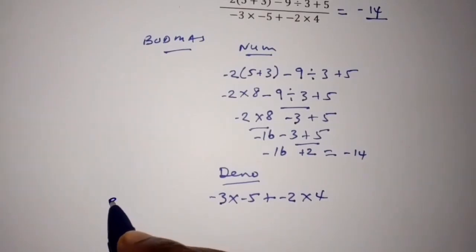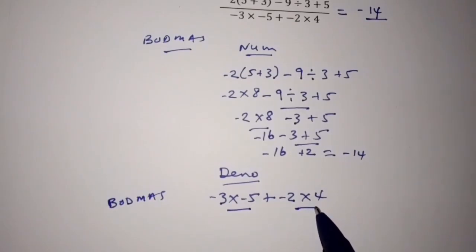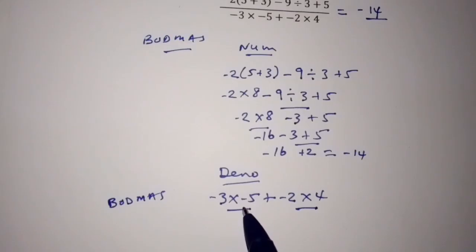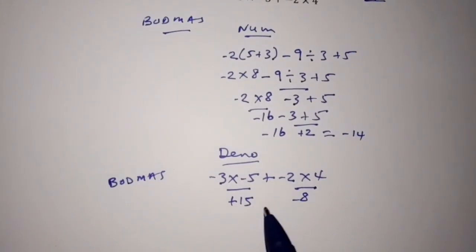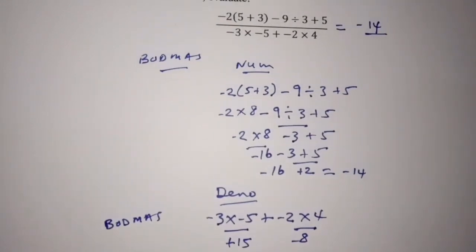We apply BODMAS. Multiplication: where is multiplication? It is here and here. Negative 3 times negative 5 is positive 15. Negative 2 times 4 is negative 8. So this gives us 15 minus 8, which is equal to 7.